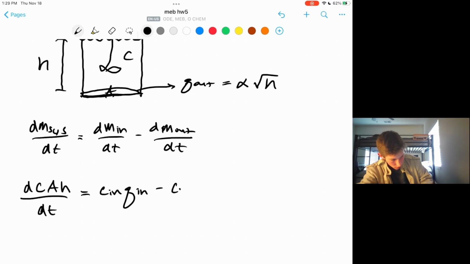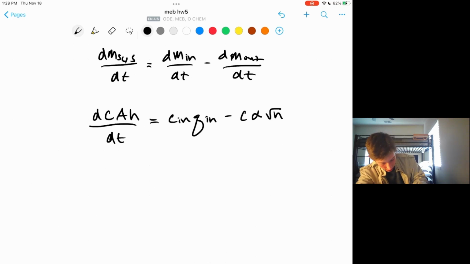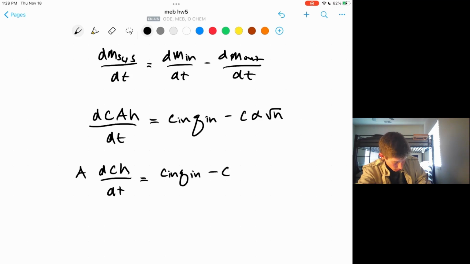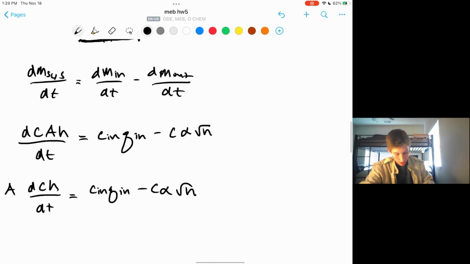So we'll call C out just C because it matches the concentration of the system, which we have on the left side. So there's that. Pull the area out because that's constant. And essentially we're going to get a similar equation to what we derived for the temperature.